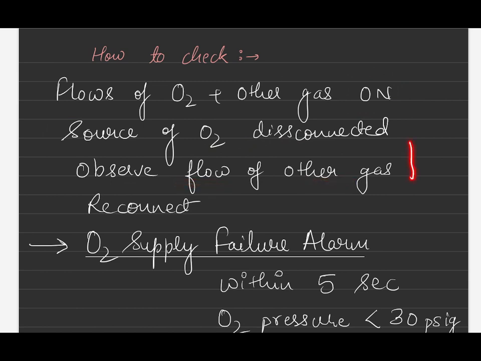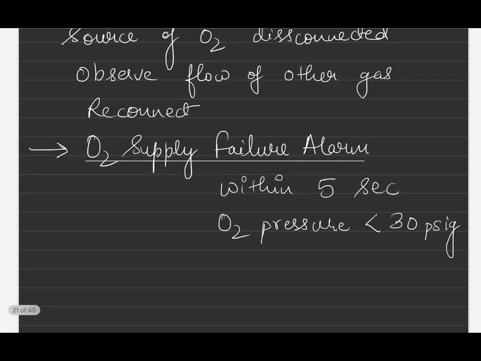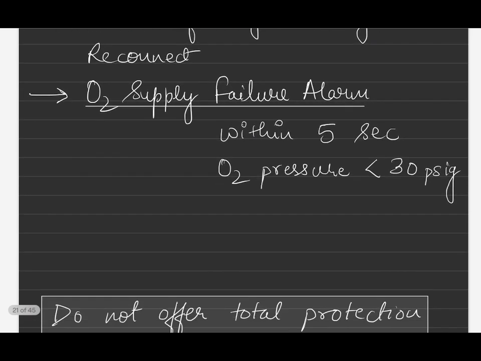There should be a decrease or shutdown of the other gas, and if this happens, then the oxygen pressure failure device is working, and then we can reconnect to again check the beginning of the flows of the other gas along with the oxygen. So, after checking, we are assured that patient will not get hypoxic mixture in case there is sudden discontinuation of oxygen supply.